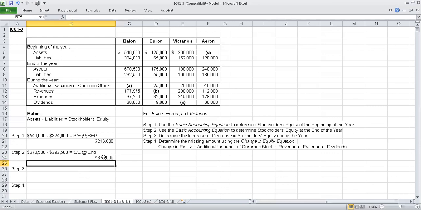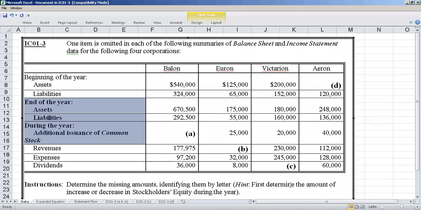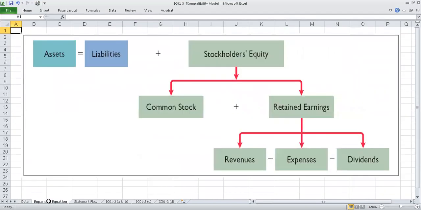So now we can figure out how much equity changes. And that was our hint. First, determine the amount of increase or decrease in equity. And why is that important? Because of this illustration. Equity is influenced by two things: changes in ownership and changes in earnings.